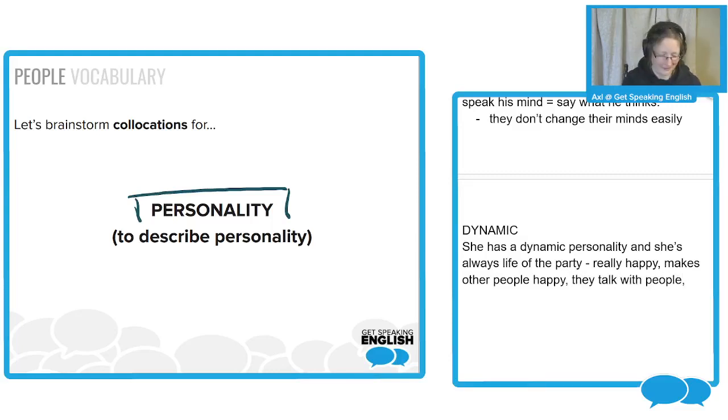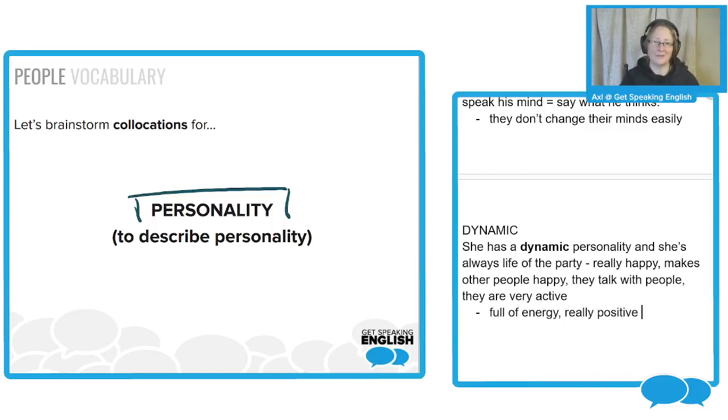They're very active. So in this case, if you have a dynamic personality, you probably have a lot of energy, maybe really positive, so you're very optimistic, right? Maybe also you're very, very creative.